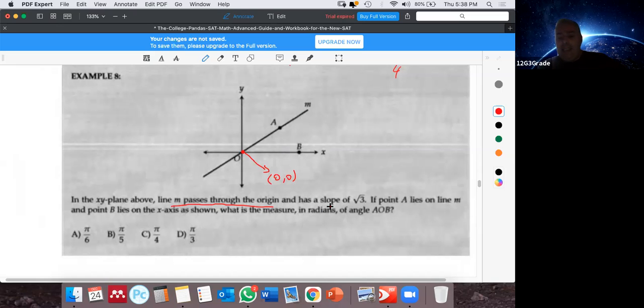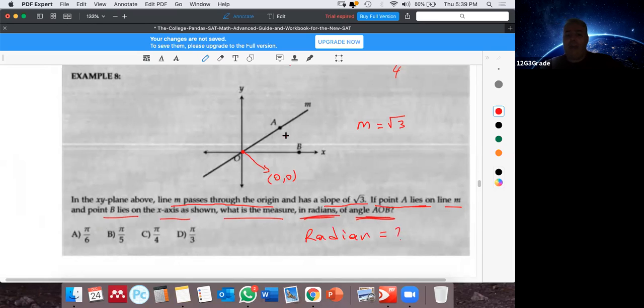Good. And the slope is root 3. If point A lies on line M and point B lies on the x-axis like this, what is the measure in radians? So the result will be in terms of radians.